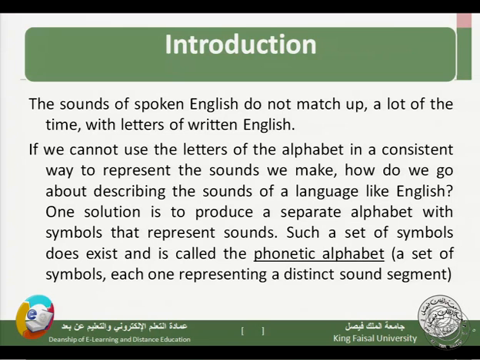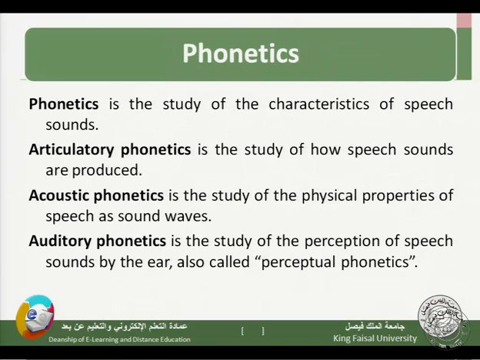If you check the meaning of a word in a dictionary, always you have another thing just after the word, most of the time between two slashes. What you see as symbols between two slashes, that's what we call the phonetic alphabet.